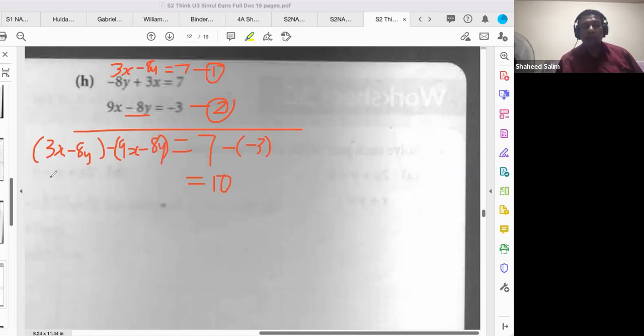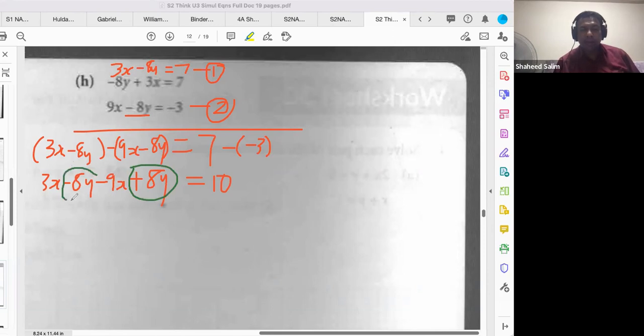Remove the bracket. When you remove it, you see 3x minus 8y, and minus 9x, and next, minus minus 8y becomes plus 8y. Now what can you do with these two? You can get rid of them. I circle them: plus 8y, minus 8y.